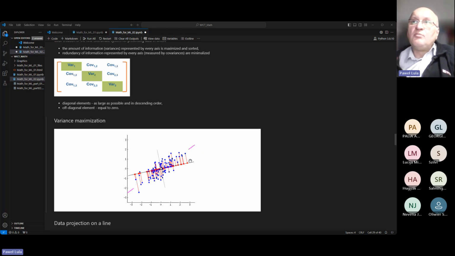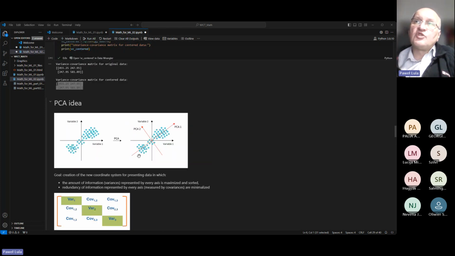When we want to find the position of the first axis for which the amount of information corresponding to this axis should be the biggest, we should find the position which will be the same as the direction of the first eigenvector. And it is the solution for this task. So using the eigenvector, we will solve our problem.